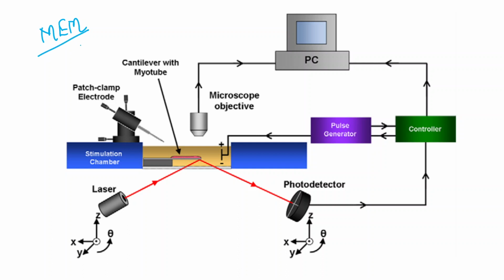This kind of cantilever device is actually an MEM. I think in the second or third class we discussed MEM. If you don't remember, I'll suggest you go and revise it once. This myotube cantilever device is kind of an MEM, or more specifically, a bio-MEM. Here we have our cantilever.